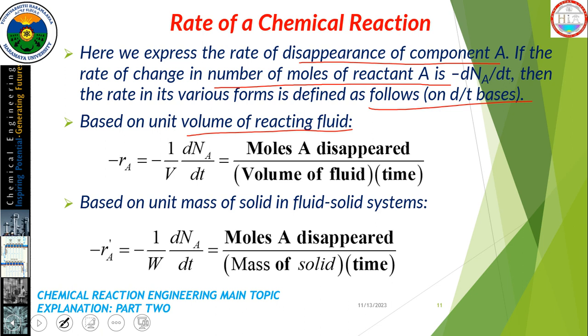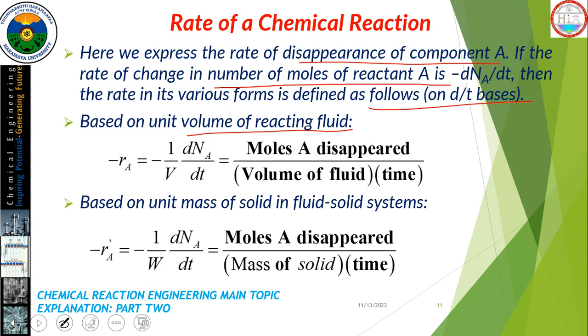Based on unit volume of the reacting fluid, we can explain the rate of the reaction as minus rate of A. This minus indicates that the reactant is consumed in the reaction, or there is a disappearance of component A. Since the reactant is converted into product, the graph of the rate of reaction with respect to concentration is decreasing.